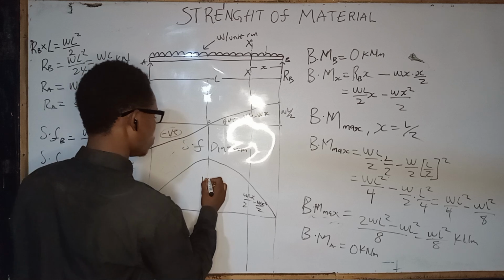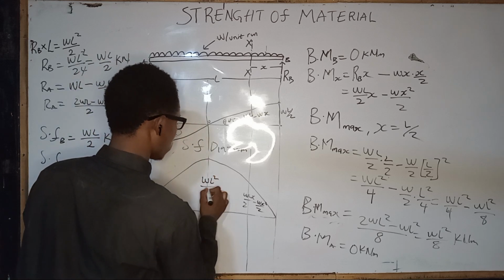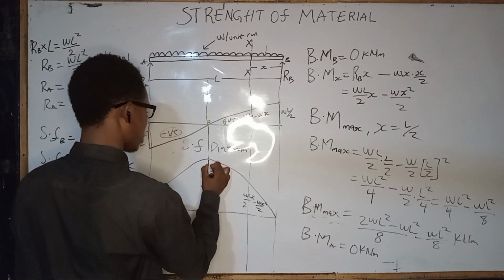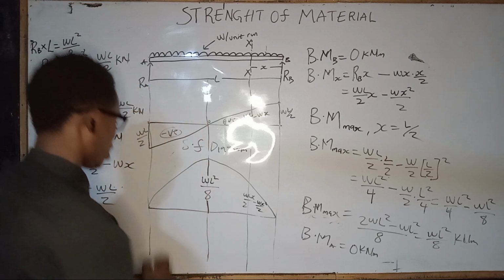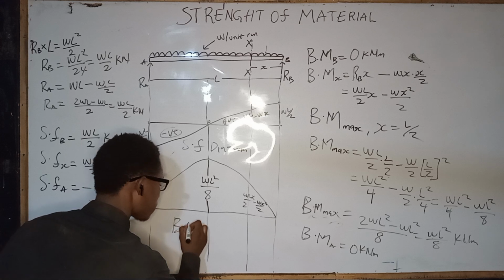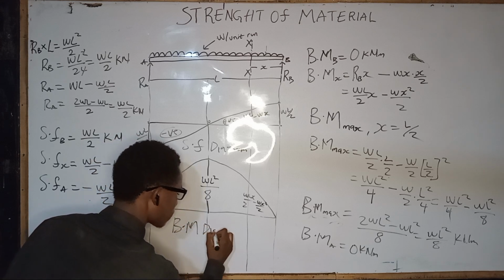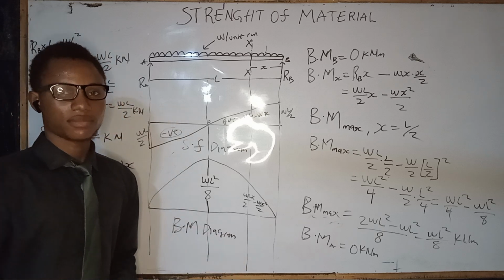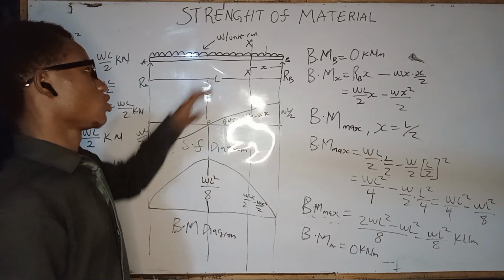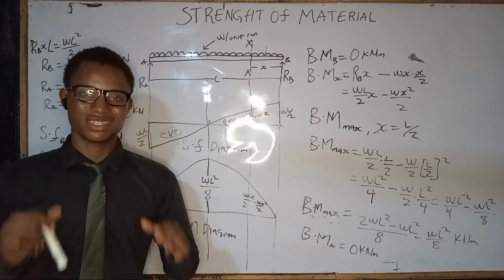And here will be WL squared over 8, that is the distance from here to here. So this is our bending moment diagram and our shear force diagram for a uniformly distributed load on a simply supported beam.